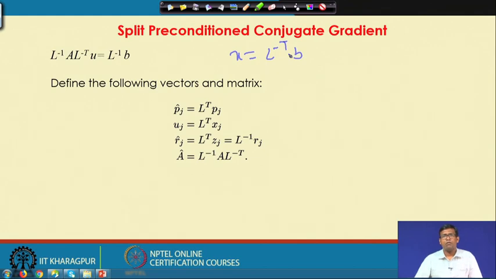So, you get the following vectors and matrices: p hat is equal to L transpose p, u is equal to L transpose x, so x is equal to L inverse transpose u. r hat is equal to L transpose z_j, which is L inverse r_j.